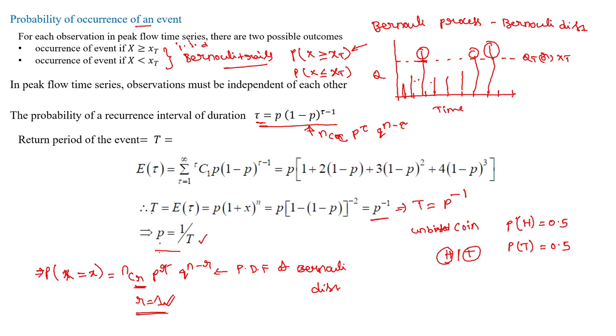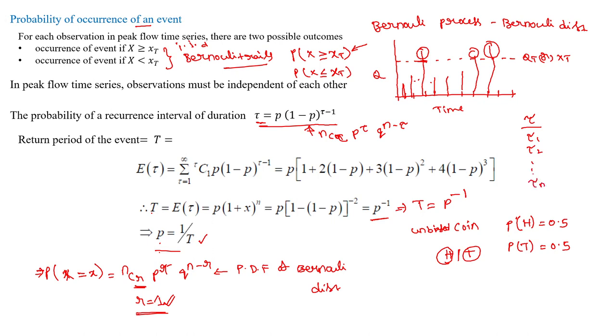This is a mathematical equation, but how can you calculate it from the data? Let's say you have data of 100 years or 50 years. You can calculate the recurrence interval series: tau 1, tau 2, and so on, tau n.